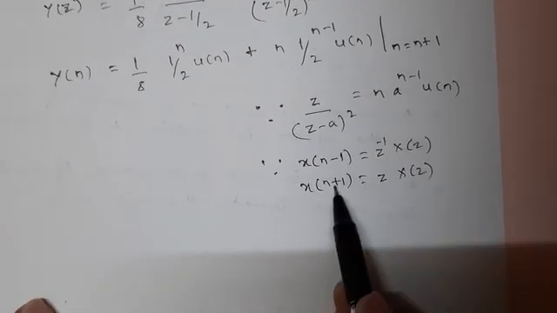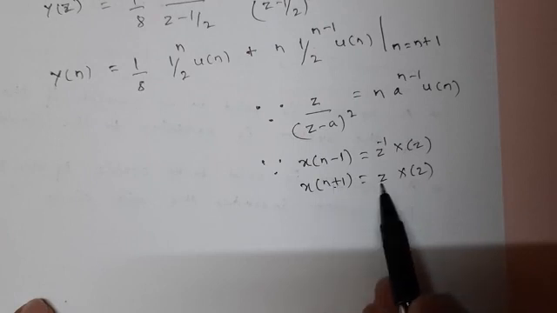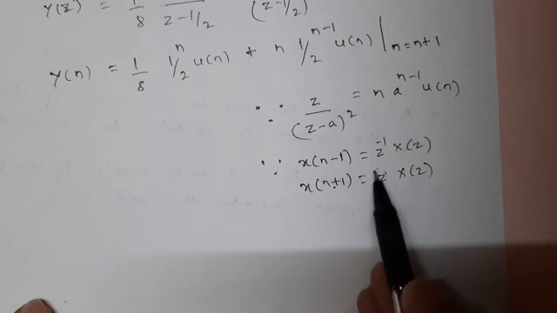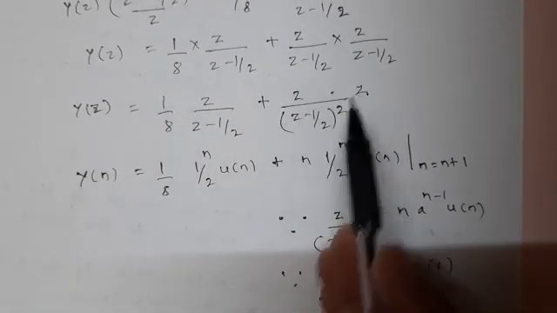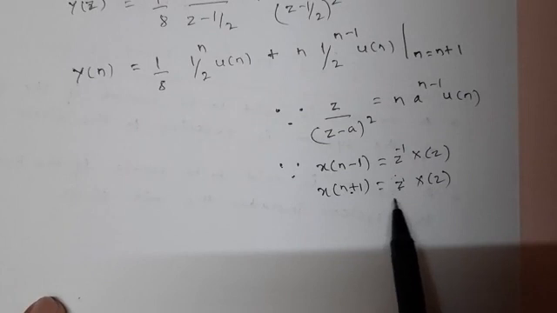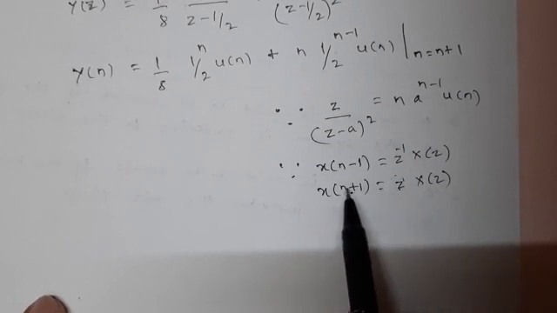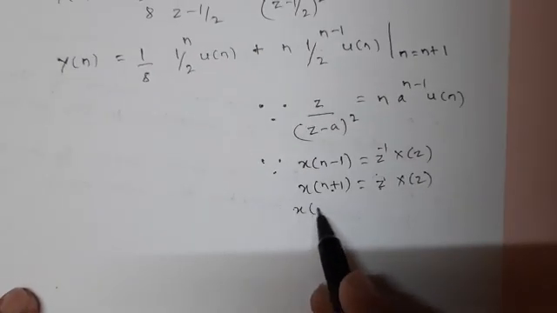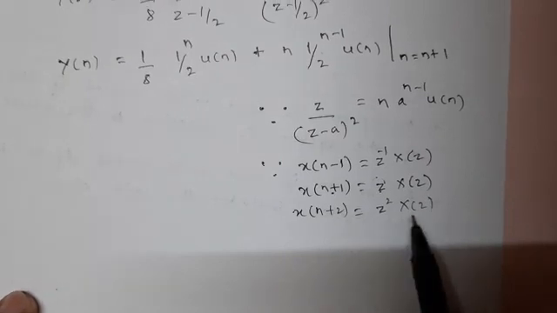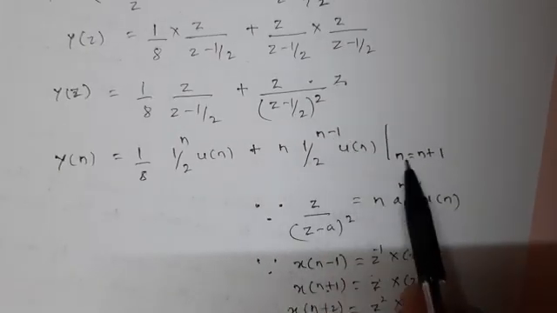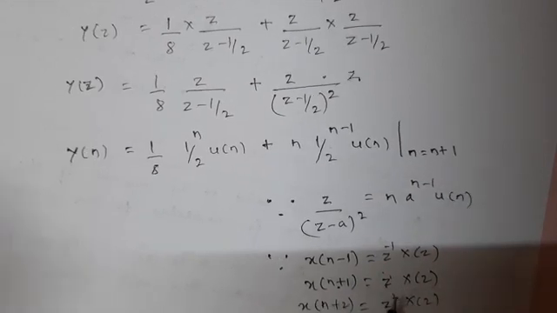So if you get the complete x of z into z, to compensate for that z, it should be shifted by 1. If it is x of n plus 2, then it is z square x of z, and you should write it at n equal to n plus 2, shifted by 2.